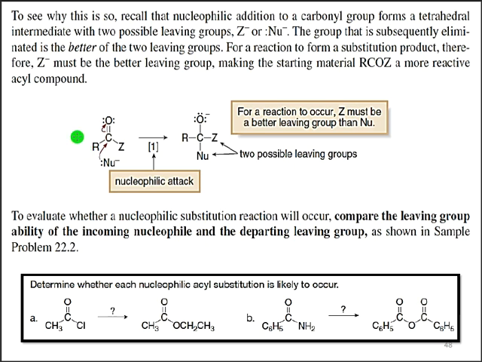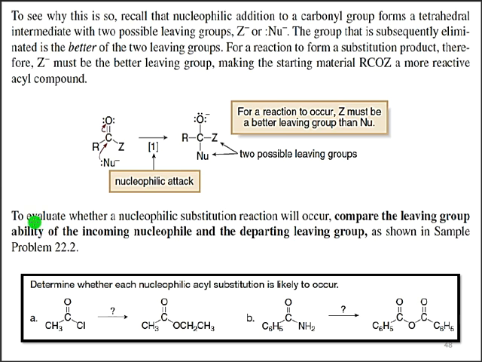Okay, then if you have here Z as the chloride halogen and the nucleophile is NH2, that means it is possible to give you the nucleophilic acyl substitution. Why? Because the acid chloride is more reactive than the amide, and we can convert the more reactive compound to the less reactive carboxylic acid derivative compound.